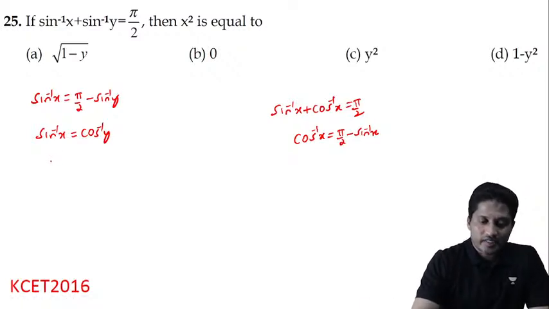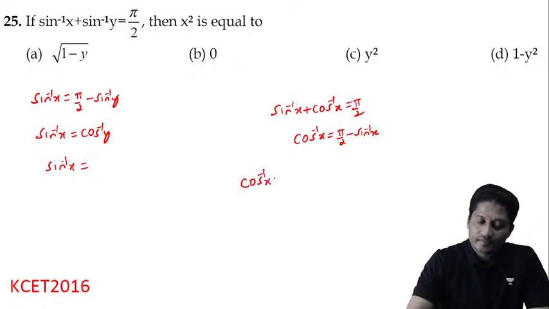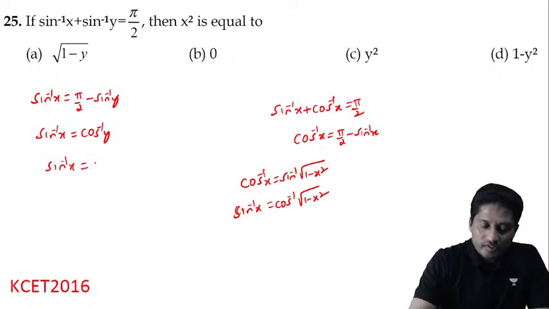Right, now I can also write this using the fact that cos inverse of x is sine inverse of root of 1 minus x square, and sine inverse of x is cos inverse of root of 1 minus x square. So cos inverse of y is sine inverse of root of 1 minus y square.